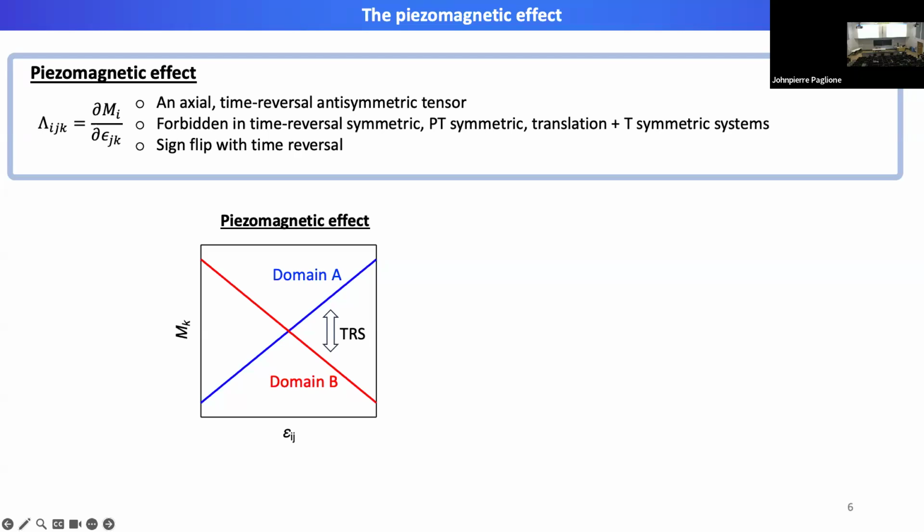So far I've discussed a few conclusions we can get from the time reversal symmetry part of the piezomagnetic property.